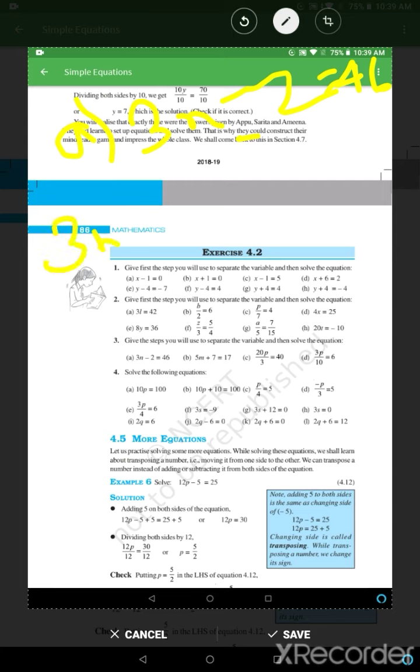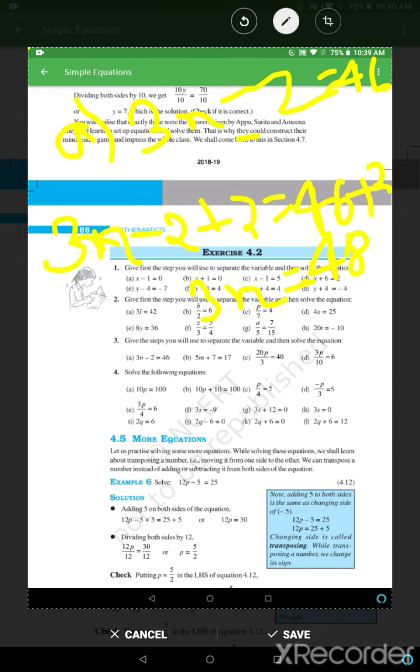So 3n minus 2 plus 2 is equal to 46 plus 2, which will be 48. So 3n is 48.